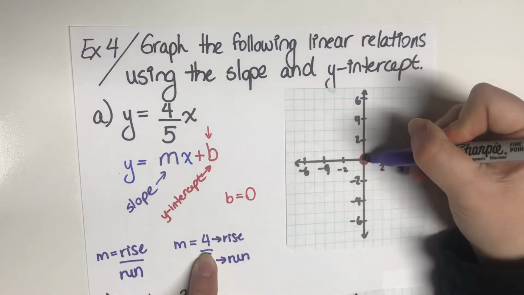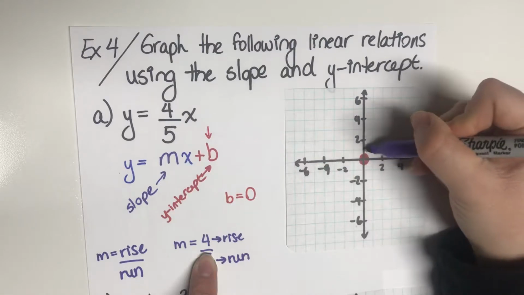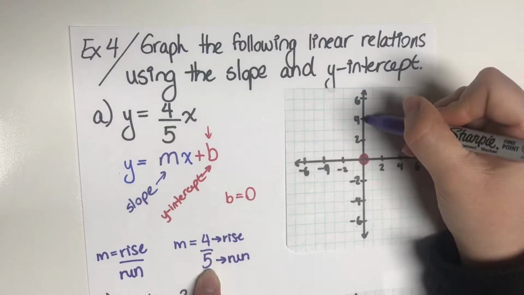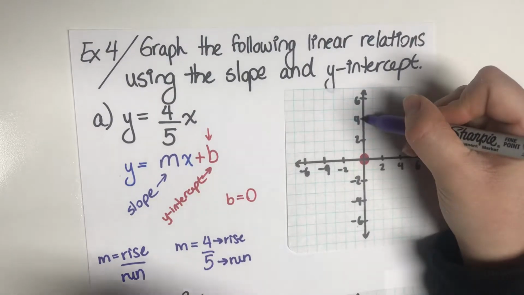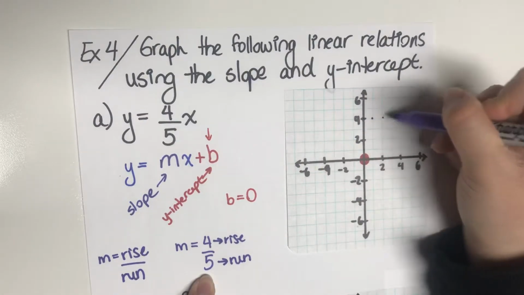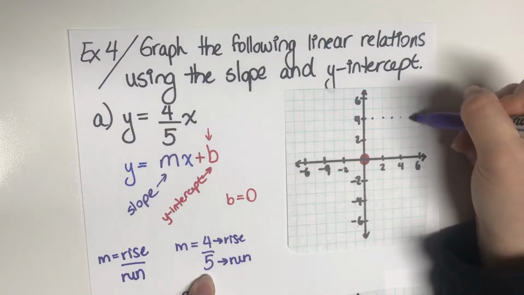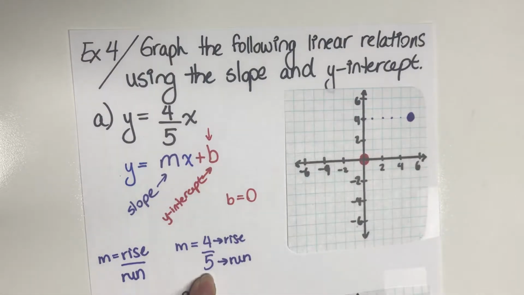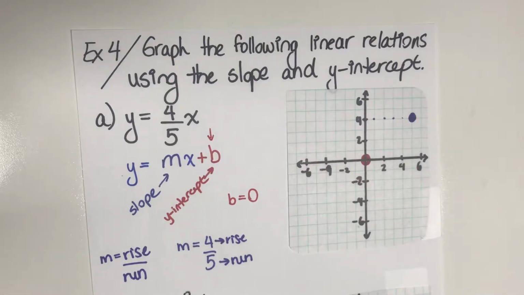That means I'm going to go up 4. 1, 2, 3, 4. I'm going to pause. And then my run is 5. You always run to the right. So I'm going to go to the right 5. 1, 2, 3, 4, 5. And that's where I'm going to make the next point. And then I can connect the dots.